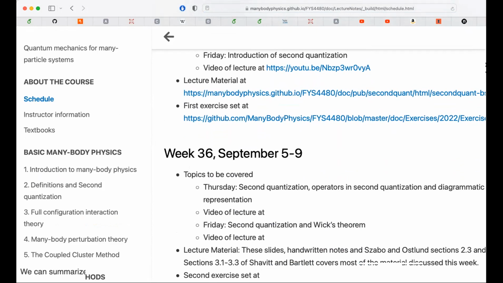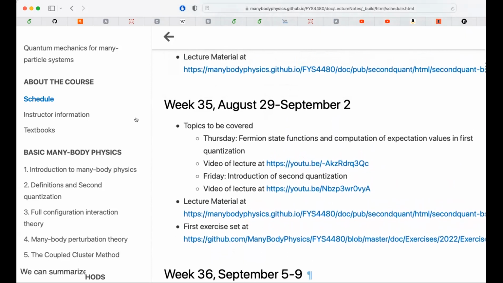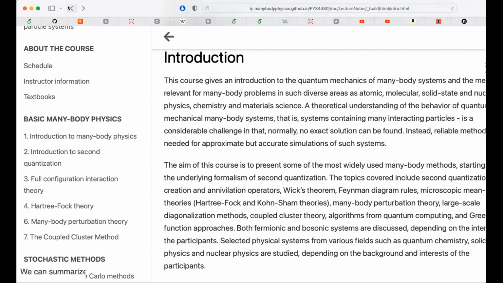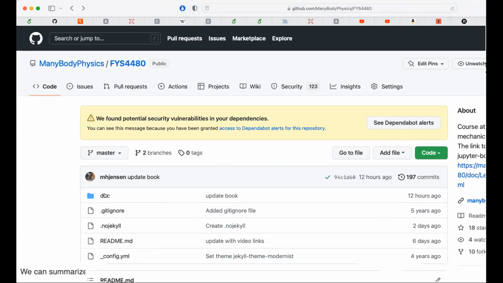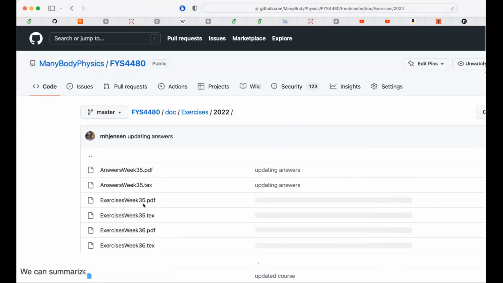Then we have the exercise sets, as you've seen. And if you go into this folder with the exercises, you will find solutions to the exercises. So if you click on the exercises here for 2022, you will find answers for week 35.